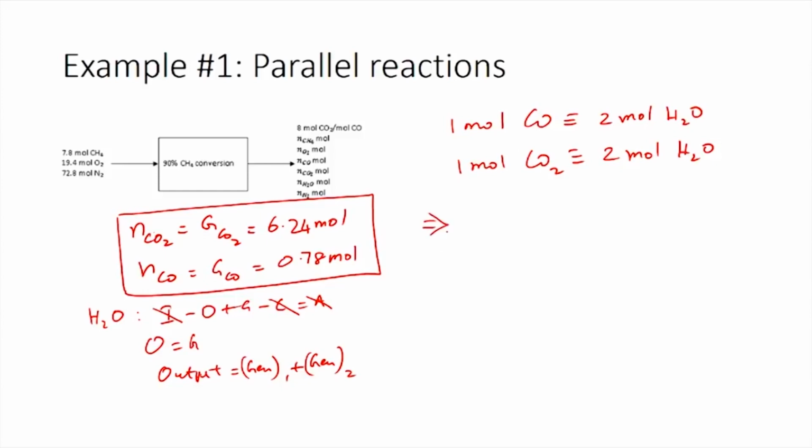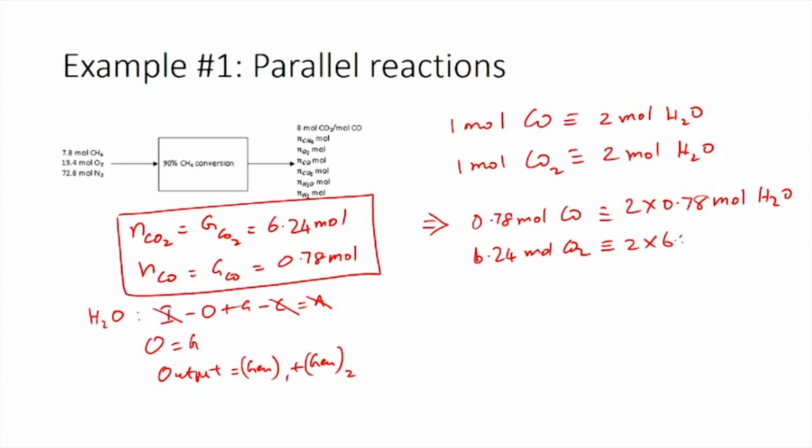Therefore, 0.78 moles of CO generated implies that you have 2 times 0.78 moles of water generated by reaction 1, and 6.24 moles of CO2 generated by reaction 2 implies 2 times 6.24 moles of water generated by reaction 2.